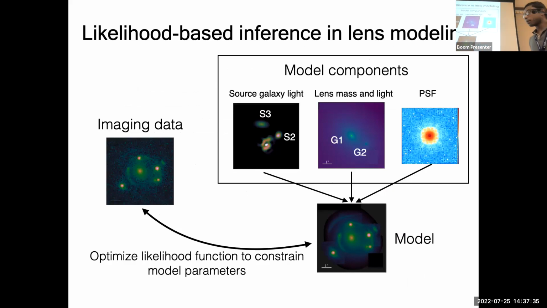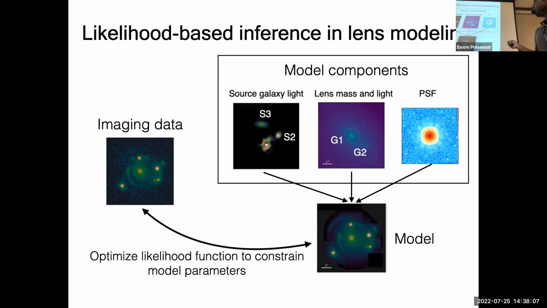So just to give a very quick summary of how lens modeling works in the conventional way, which is based on a likelihood. Given the imaging data, we make a model. In the model, we have to describe how the source galaxy light is distributed. Here you see 3 source components, and how the lens galaxy's mass and light is distributed. Here it's showing the projected surface mass density of the lensing galaxy.